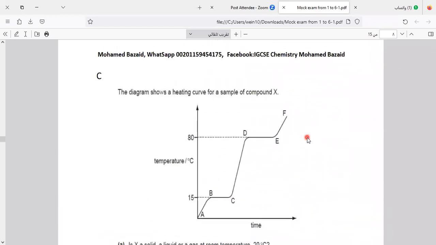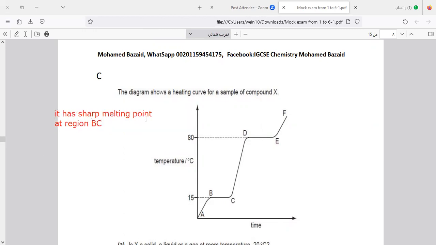So I can say the curve shows me this is a pure sample of X. You must say because it has a sharp melting point, 1 mark, at region BC.